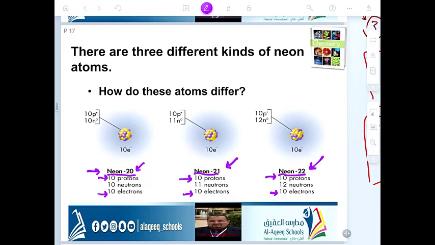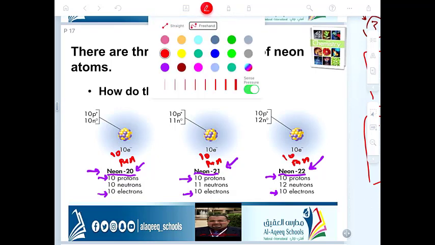But listen, what change happens here? The change happens in the neutrons every time. If the mass number is 20, it is protons plus neutrons. Each time the protons are 10. So the change happens in the neutrons every time.